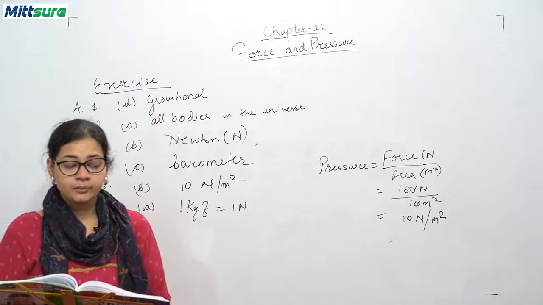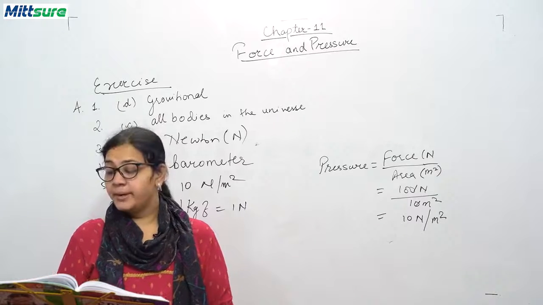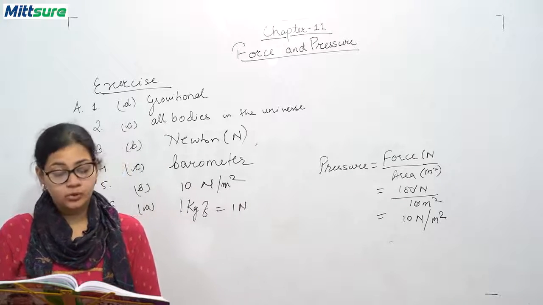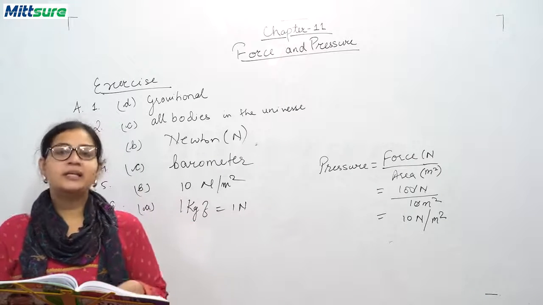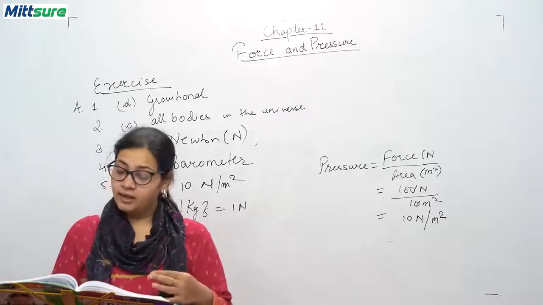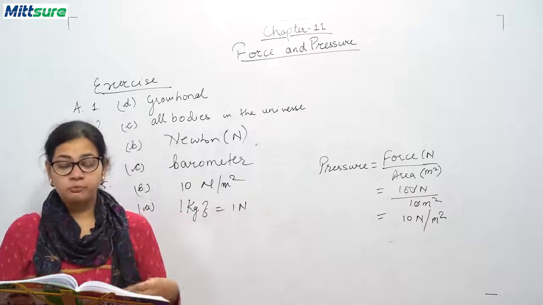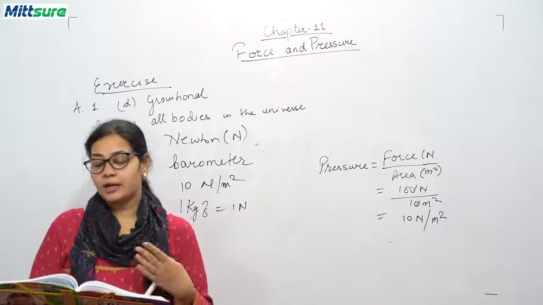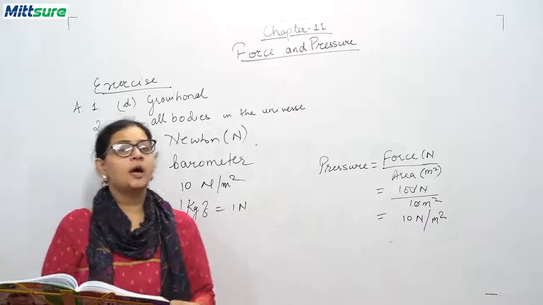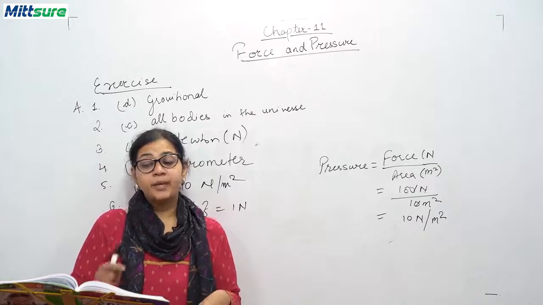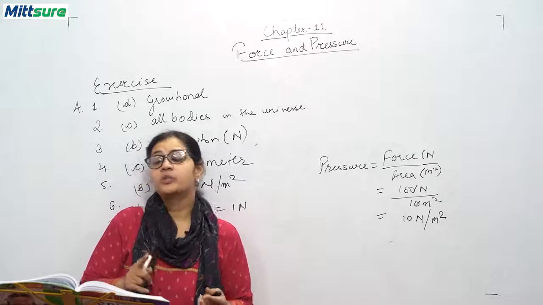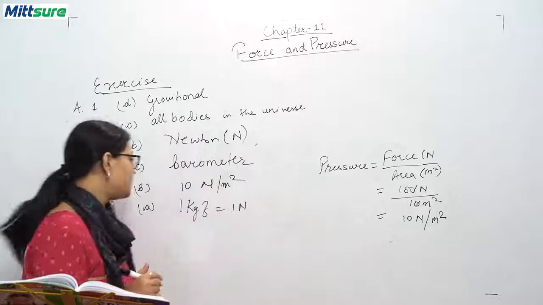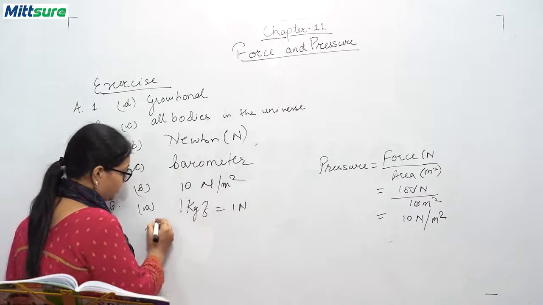B, it is not possible to apply brakes on a wet road. C, the friction between the brake shoes and the wheel is reduced. D, water reduces the friction between the roads and the tire. Now, options C and D are both correct, but the main point is the wet road. Okay, the car skids on a wet road. So, because of this, the option D is correct.